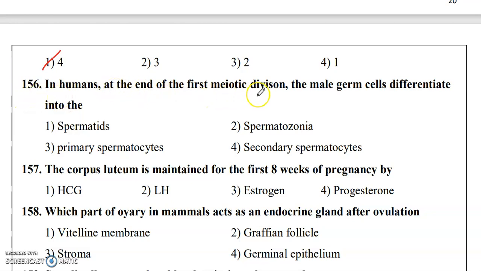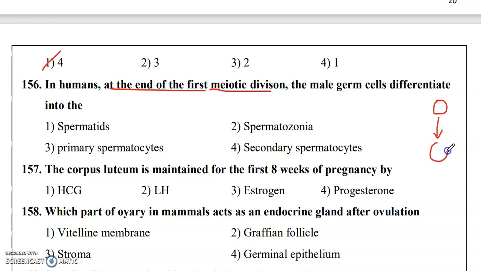In humans, at the end of the first meiotic division, the male germ cells differentiate into what? The important clue here is at the end of first meiotic division. For example, the spermatogonium undergoes mitosis and multiplies.